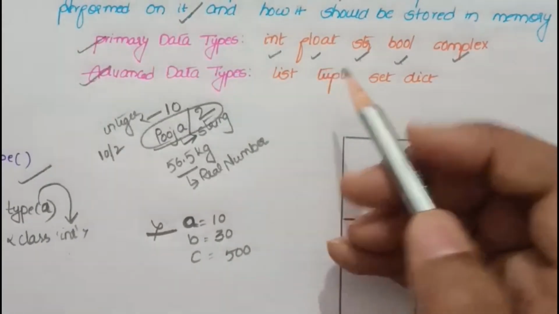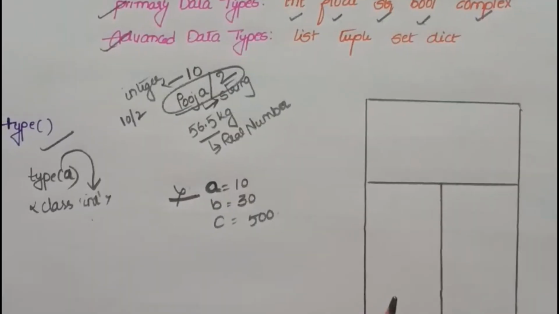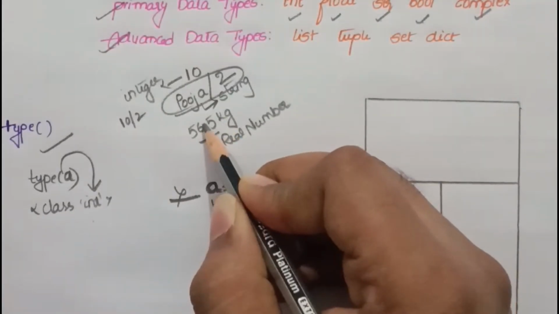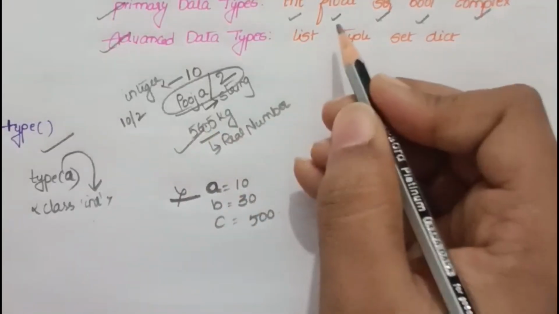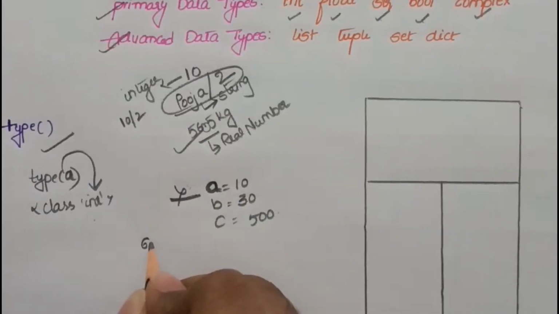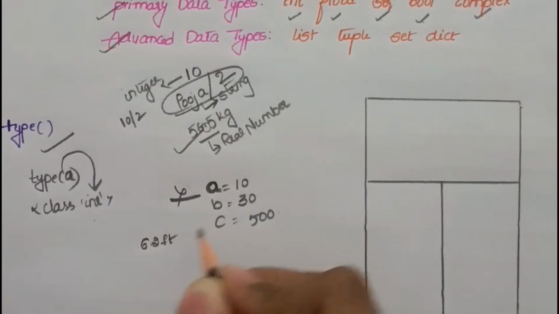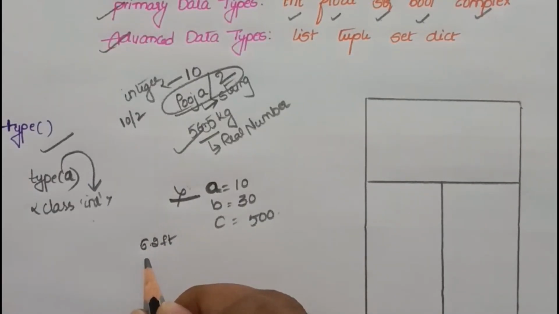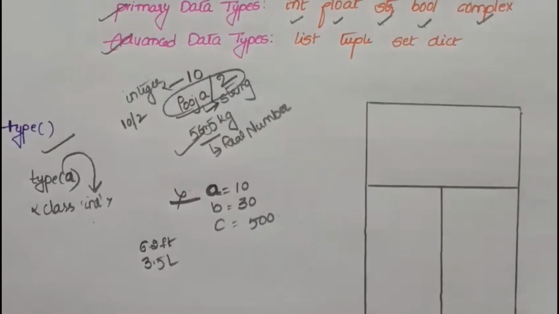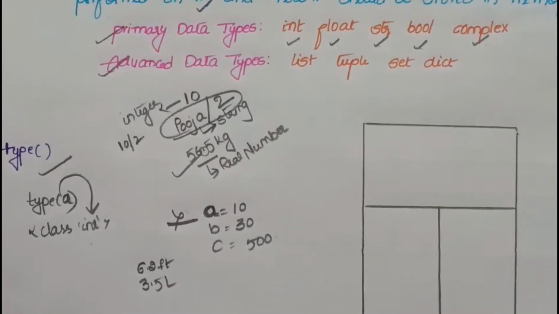Second is float. If you want to store decimal numbers, real numbers with a decimal point in them, you use the float data type. If you want to store height, 6.2 feet, or the price of a car, for example 3.5 lakhs, in this way, if you want to store real numbers, Python will treat them as the float data type.